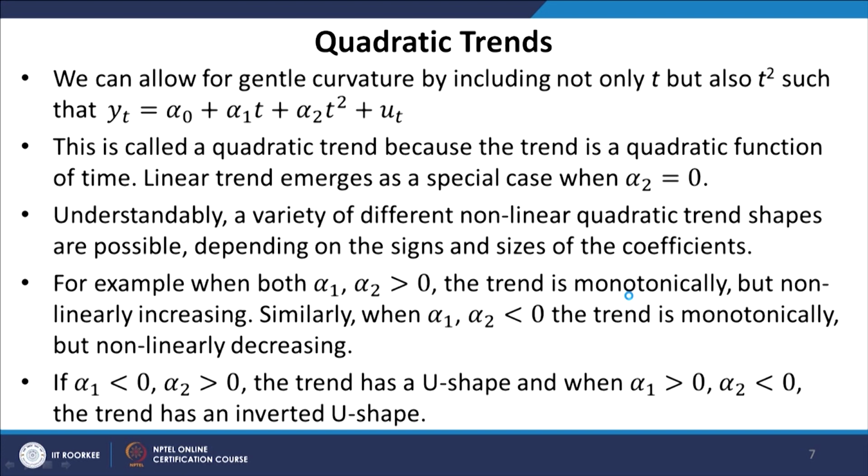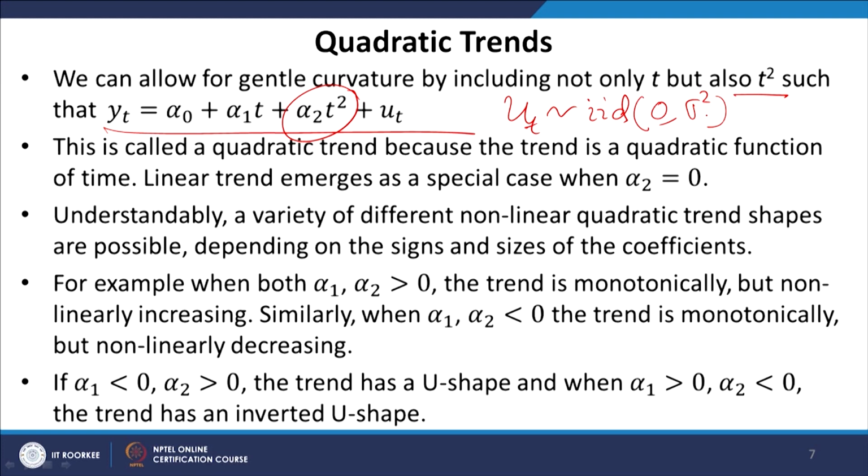We can allow for gentle curvature by including not only t but also t square, such that my original equation, y t equals alpha naught plus alpha 1 t plus u t, becomes y t equals alpha naught plus alpha 1 t plus alpha 2 t squared plus u t as usual, and u t is again IID, that is, identically and independently distributed with 0 mean and constant variance equal to sigma square.